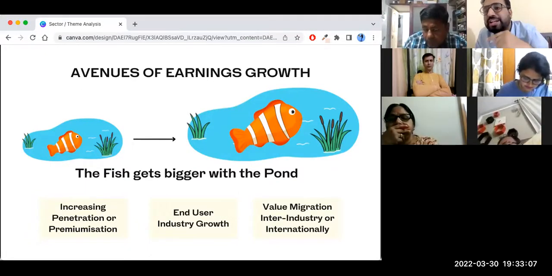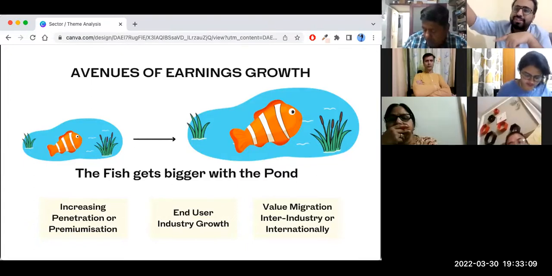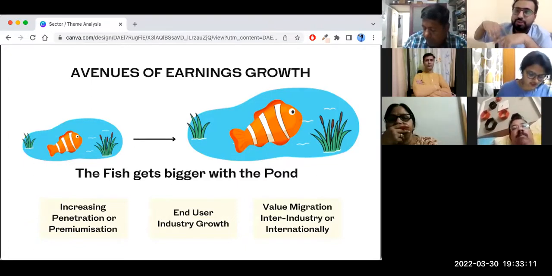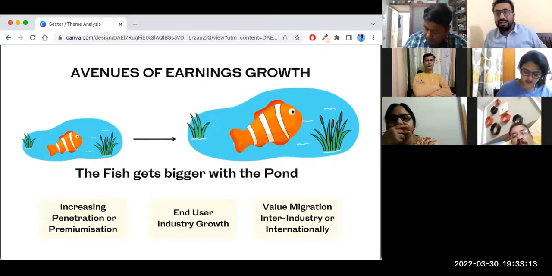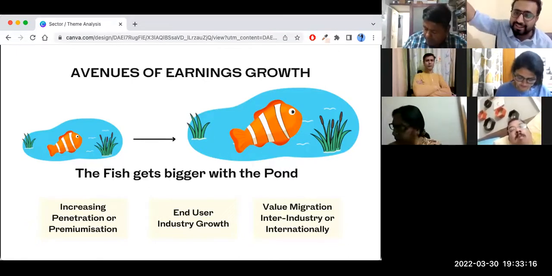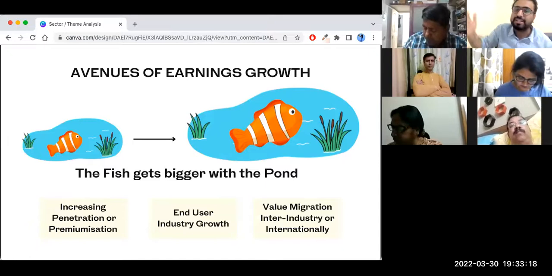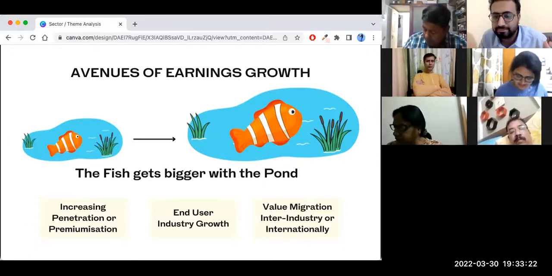The beneficiary might actually be someone else who is supplying aliphatic amines to this entire pharma industry. And because there are only two guys sitting there, Alkyl Amines and Balaji Amines, they make huge margins on whatever amines they sell. So it's very interesting.